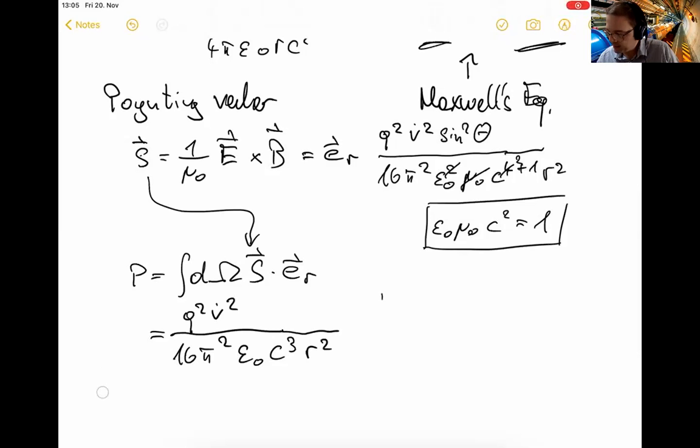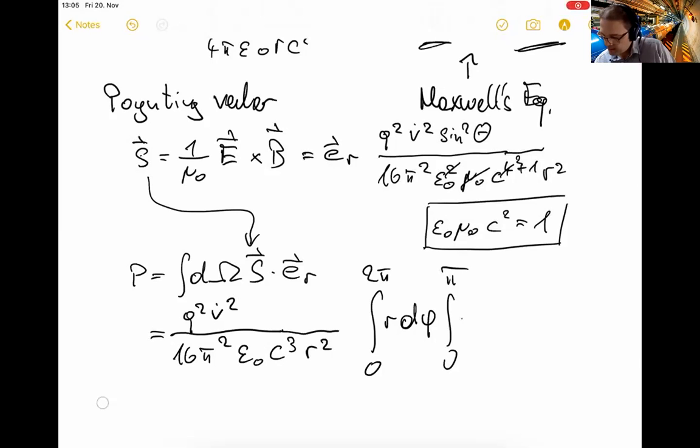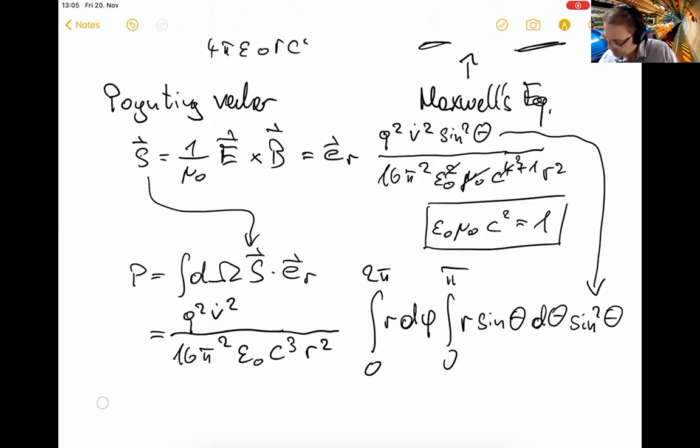And next we write the surface integral. It's 0 to 2 pi r d phi times 0 to pi r sine theta d theta. And then I get a sine squared theta. That's the theta dependent term from here.